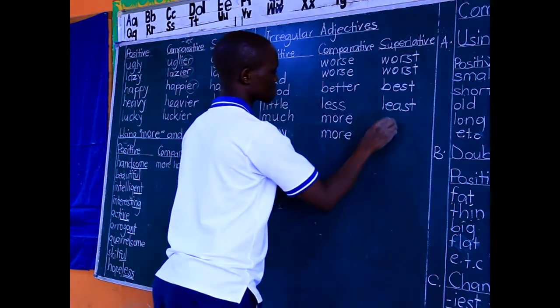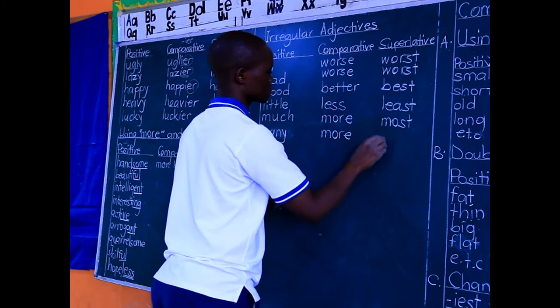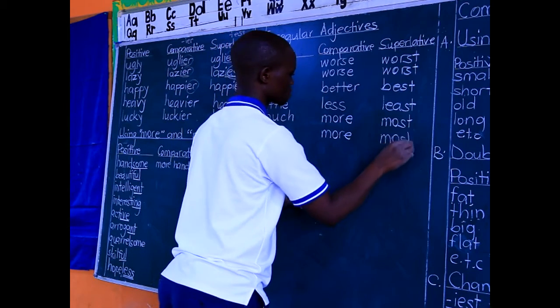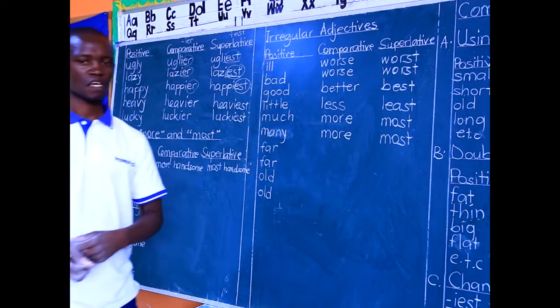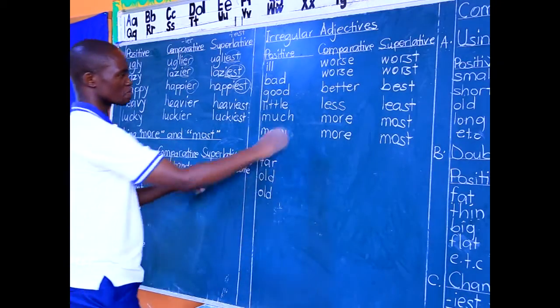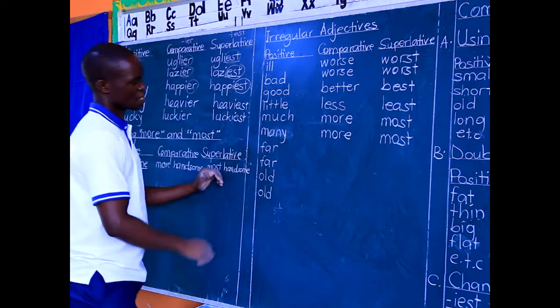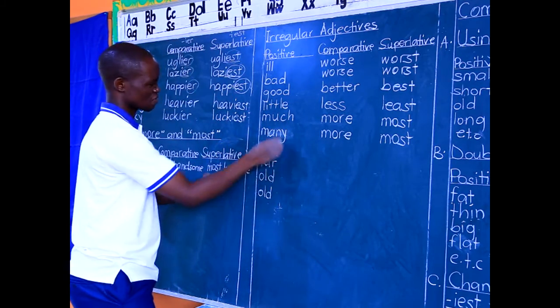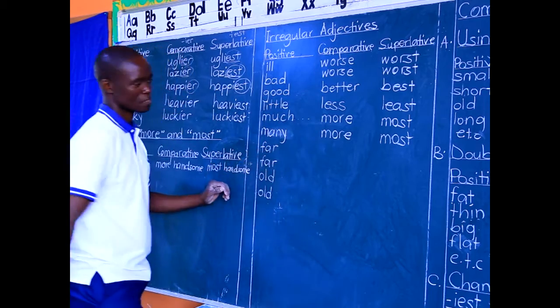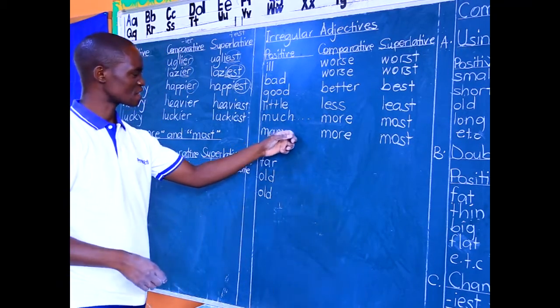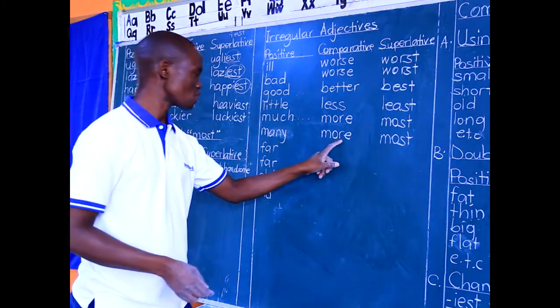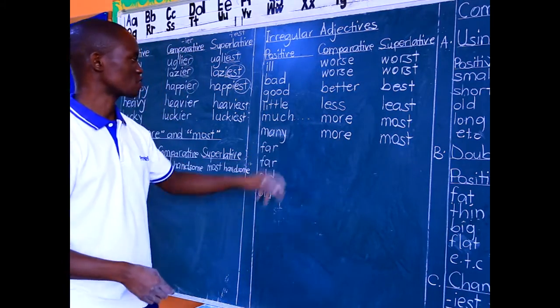Then most as the superlative. Most, from many for countable nouns, then much for uncountable nouns. We form more and most. I have done more work than you have done. From much for uncountables. There are more children in our class than in yours. That is more from many, which is for countable nouns.